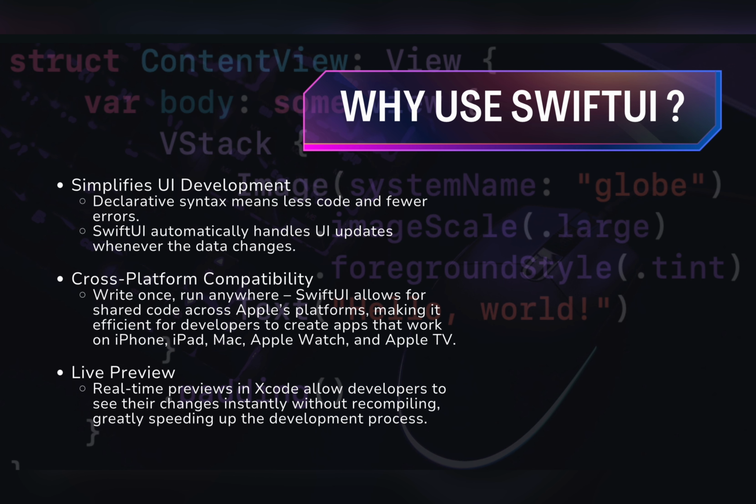There is also cross-platform compatibility. If you are making for the iPhone or iPad, the same view will appear on TVs as well. And the live preview you can see in Xcode without running on your simulator.